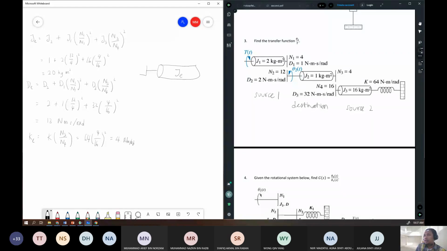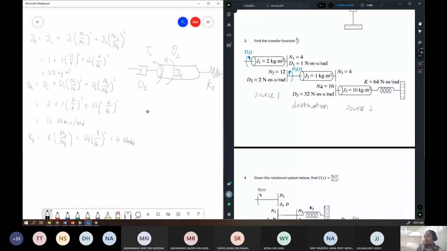We can draw the friction as a damper. And then we have a spring at the back, and the middle shaft measures theta 2. And then we need to add torque, so we need to add T2.